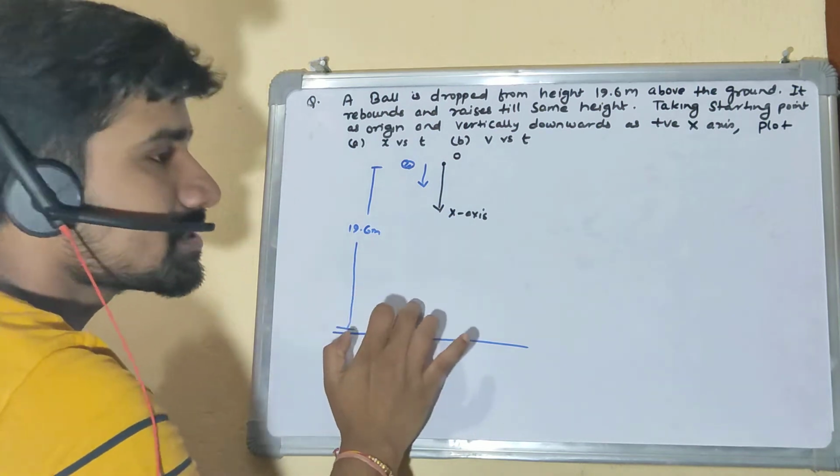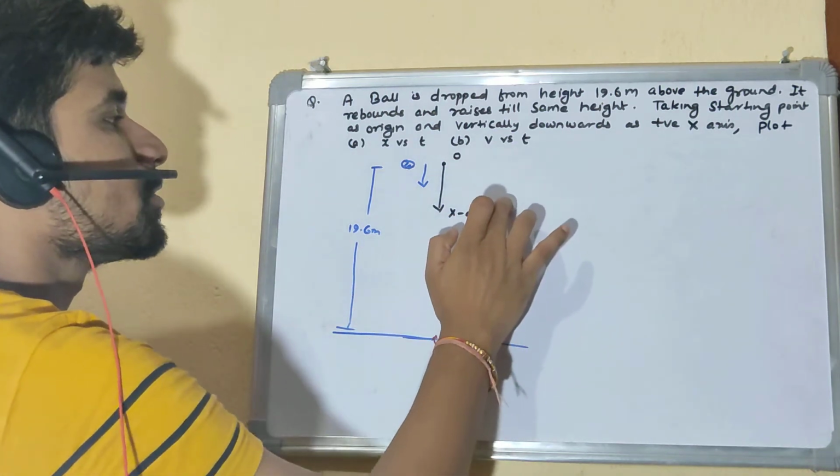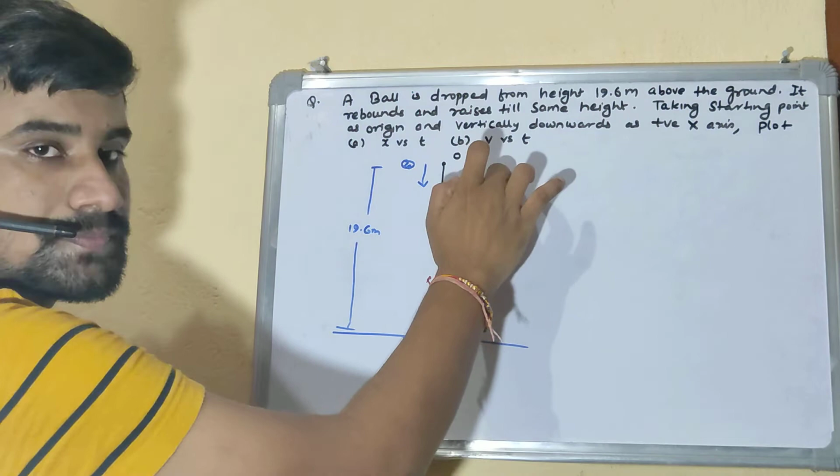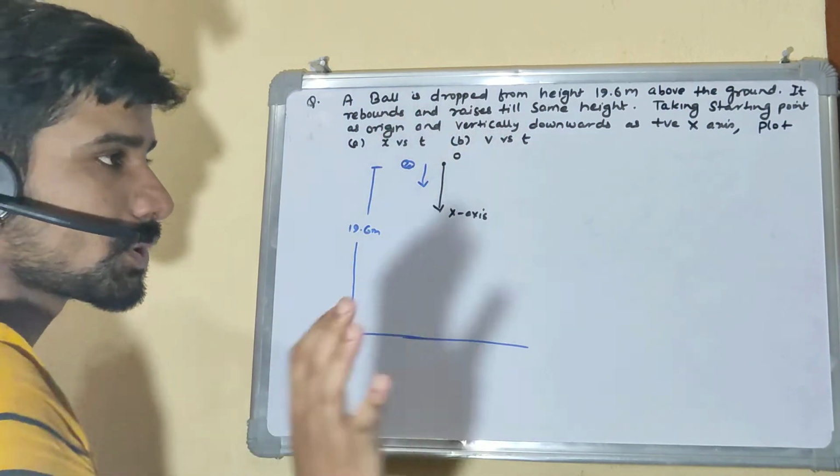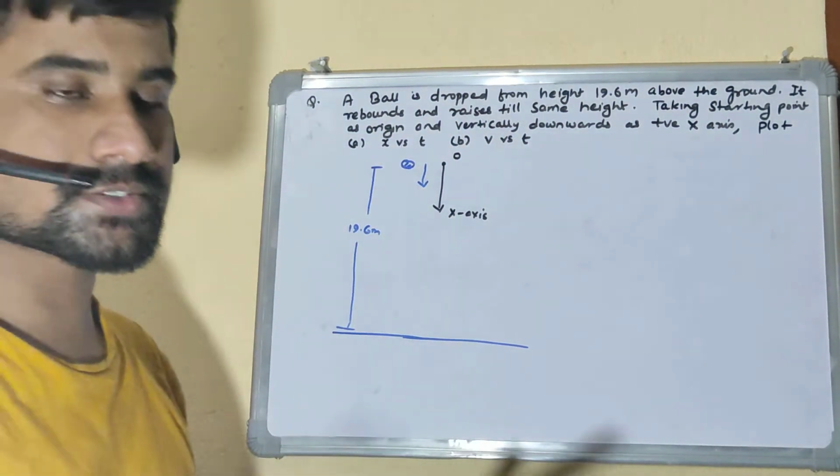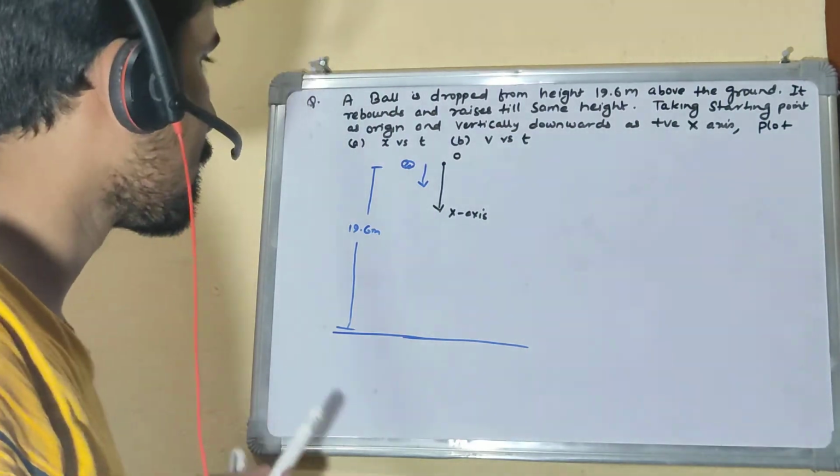After it hits the ground, it rebounds in the same motion and reaches 0 again. This is how distance will vary with respect to time.